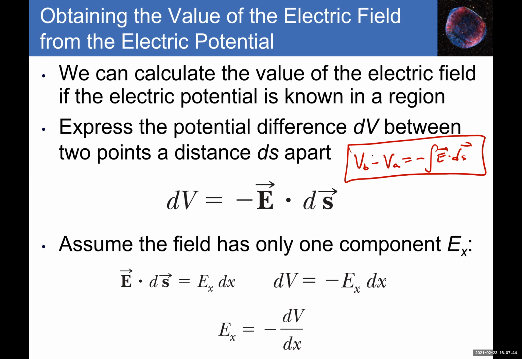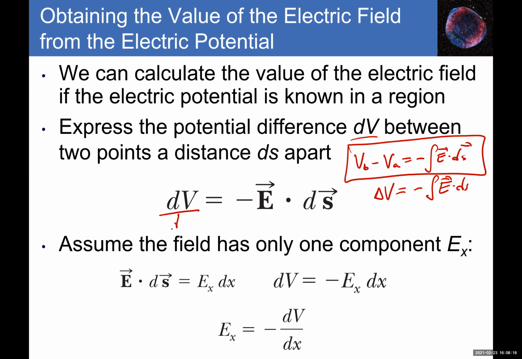What we're doing here is calculating delta V from the line integral of E dot ds. But if we go the other way around, if I take the differential of both sides, I can look at it in terms of dV. So the potential difference dV between 2 points a distance ds apart becomes negative E dot ds. Okay, so dV equals negative E dot ds.